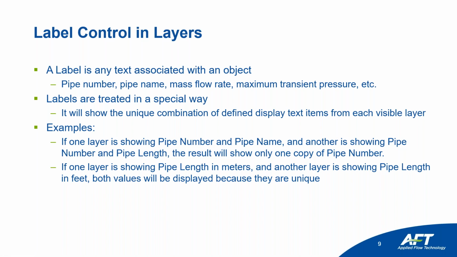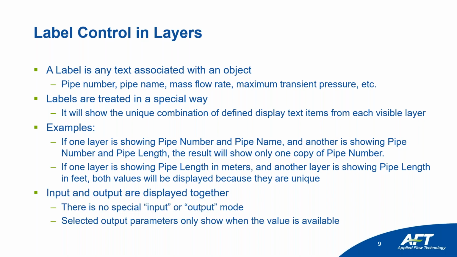Another example is if one layer is showing pipe length in meters and another layer is showing pipe length in feet, both values will be displayed because they're unique. One is in meters and one is in feet. Input and output are displayed together.